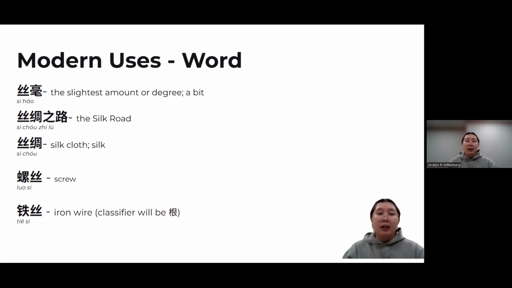The next one we have is 丝绸, which means silk cloth or silk. The next one is 螺丝, which literally translates to bug and then silk, which is a screw. So it's like some sort of spindle. And the last one we have here is 铁丝, which means iron wire because it's so thin.